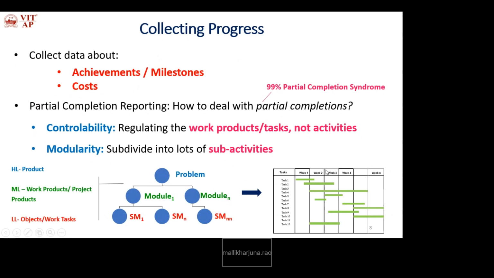So by any chance, due to the existence of a critical activity, if any activity is stopped, how to continue? When the critical activity exists, divide that critical activity into various sub activities. So what do you mean by this modularity concept? Dividing, wherever you identify the problem, divide it into further work products, sub work products.